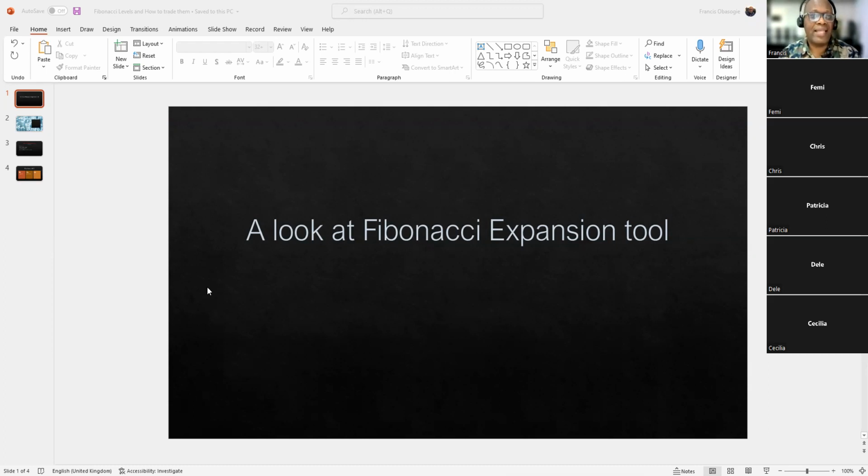The most popular one is the retracement tool. So we have the Fibonacci retracement tool, and then we have the Fibonacci extension tool. What we're going to be looking at tonight is the one that is not so popular out there, but obviously it is just as good.